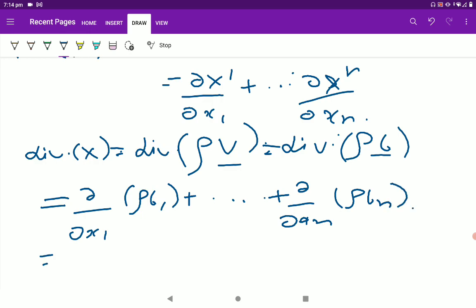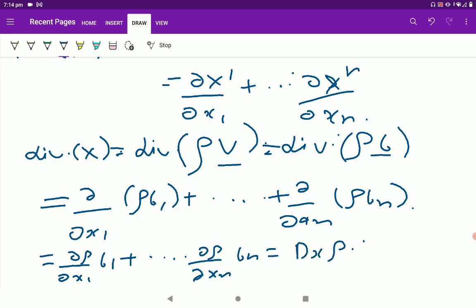Or after further simplifying, we can write it as dou rho by dou x1 times b1 plus, because b1 is constant and density is varying here, plus dot dot till dou rho by dou xn times bn, which is equal to the divergence of rho b.